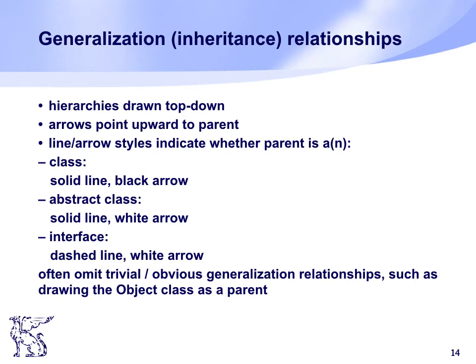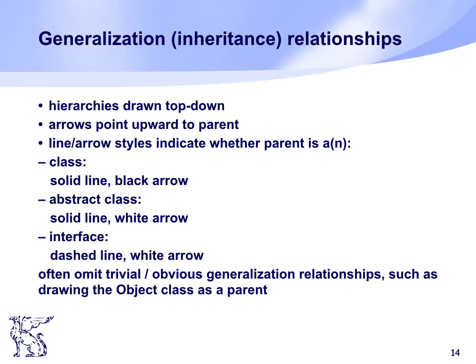So now we will show how we can show the generalization relationship with different classes. I already told you that the generalization is actually a hierarchy. So it's a top-down approach. We will draw it using a top-down approach, and we will use arrows to point upward to the parent.